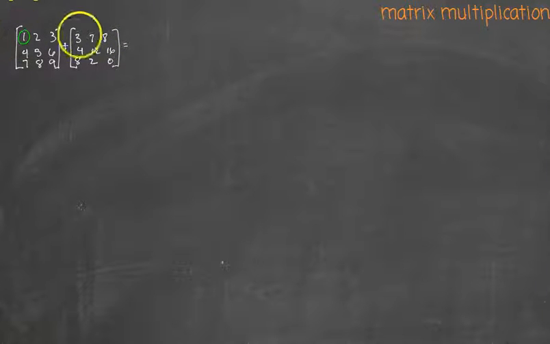The upper left-hand element, I add to the upper left-hand element, I get 4. The middle upper element, 7 plus 2 is 9. The 3 plus 8, see how they're in the same position in each matrix? 8 and 3 is 11.